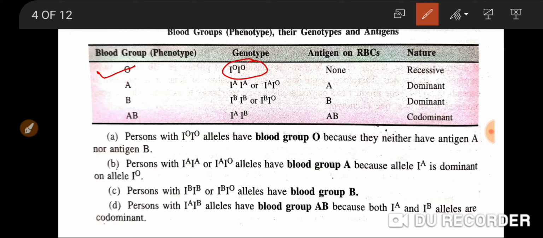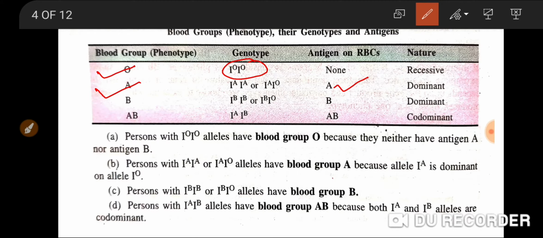If this is the condition, either the IA IA or IA IO alleles are present in an individual, in that case the blood group of the individual will be A, because the antigen on the surface of the plasma membrane will be A in both cases.